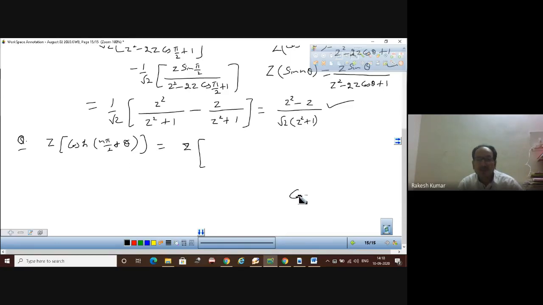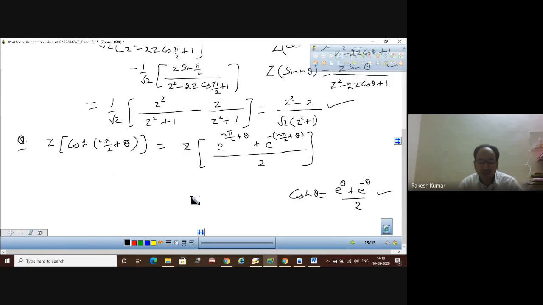If you remember, the formula for cos hyperbolic theta is equal to e raised to power theta plus e raised to power minus theta over 2. So you can apply the formula: e raised to power (n pi by 2 plus theta) plus e raised to power minus (n pi by 2 plus theta), and divide by 2.